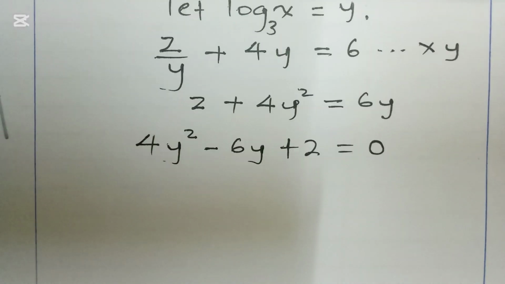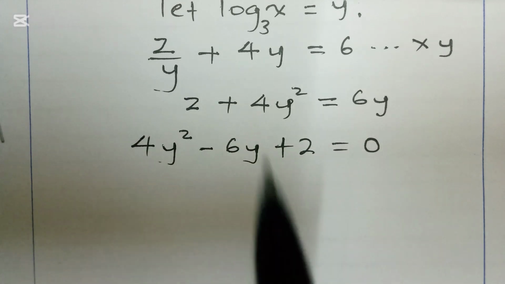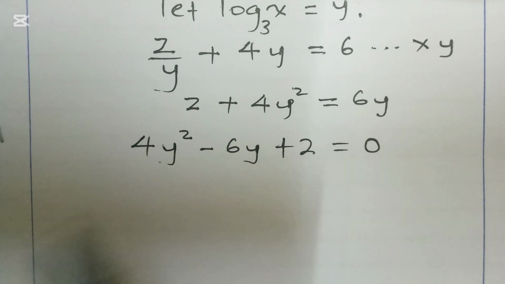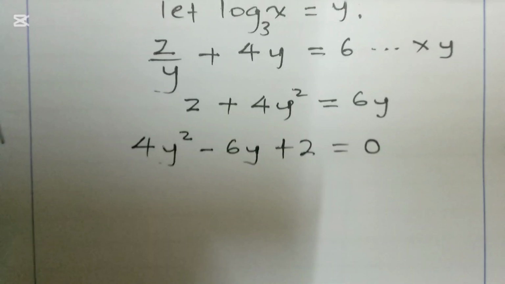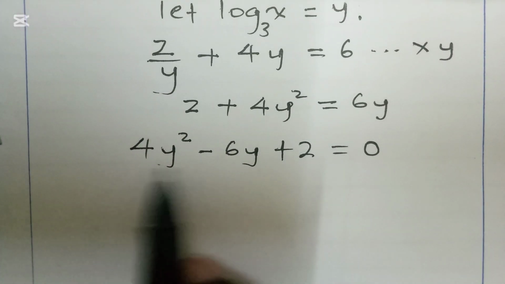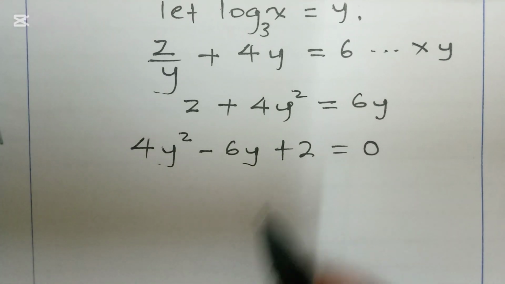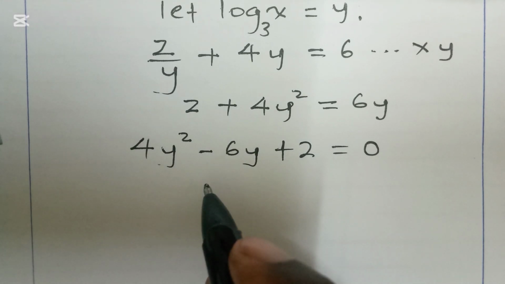We are supposed to get the factors for that first. We have 8 and we have 6, so the two numbers that multiply to give 8 and add to give negative 6 are minus 4 and minus 2.